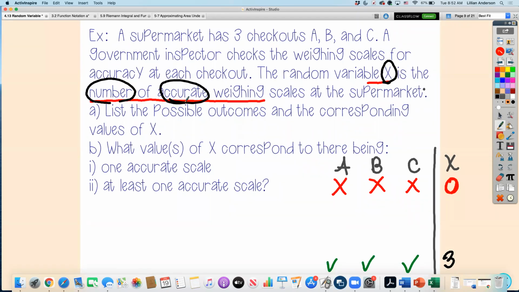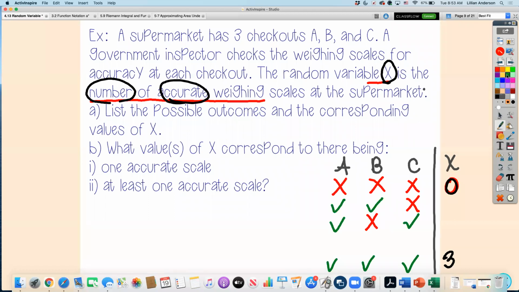Are those the only 2 options we can have? No. Okay, then give me another one. What could happen? 2 of them could work and the other could be broken. Right, so A and B could work, but C could be broken. Or A and C could work, but B could be broken.